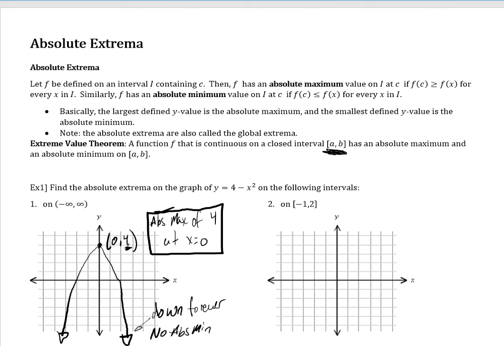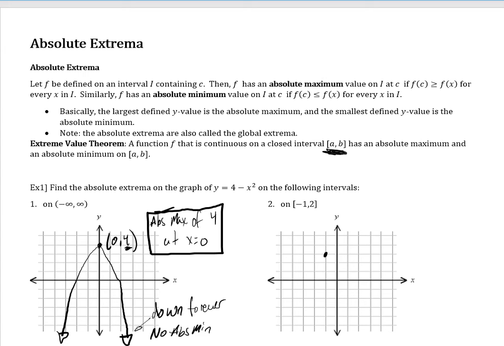All right, so with this one, it says on -1, 2. If we were to graph it, and if we plug -1 into this function, we would have 4 minus -1 squared, which becomes 3. So -1, 3 is right here, and it would be a solid dot because we're using a bracket.